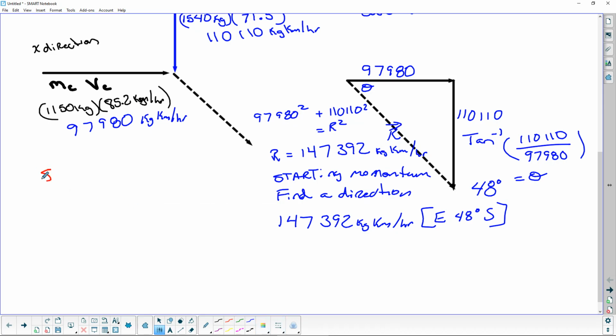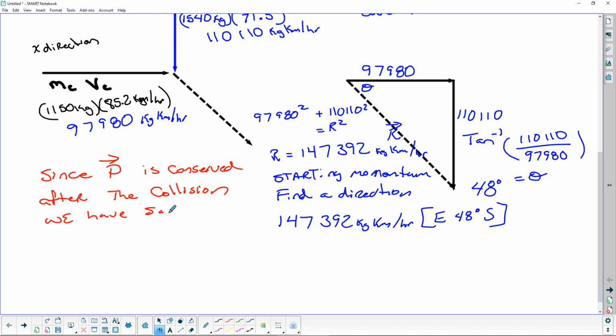So since momentum is conserved, after the collision, we have the same momentum value.